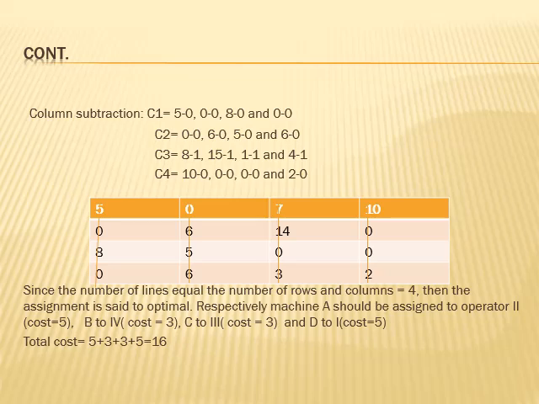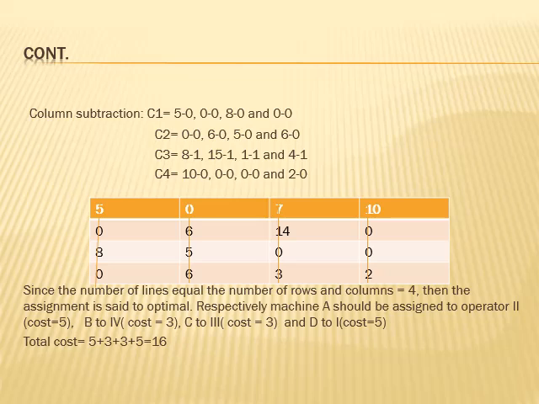Now the number of lines equals the number of columns equals the number of rows, equal to 4.